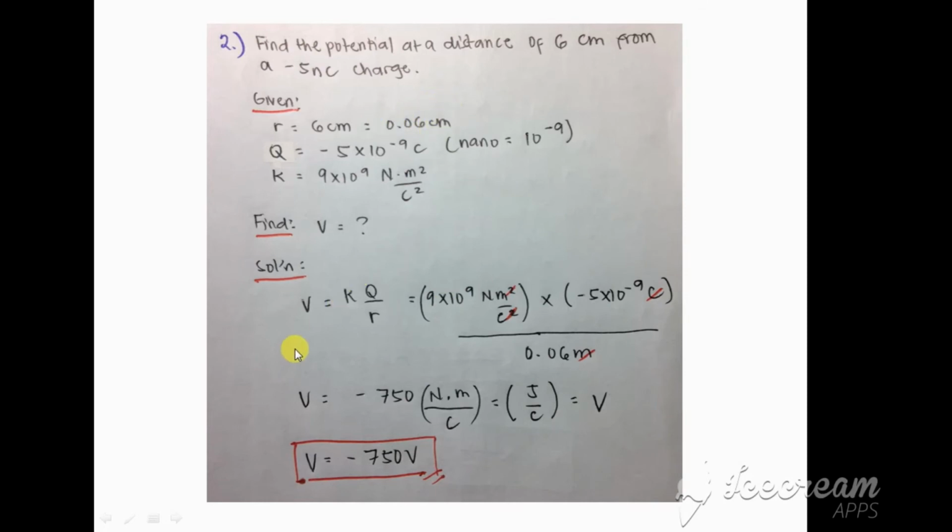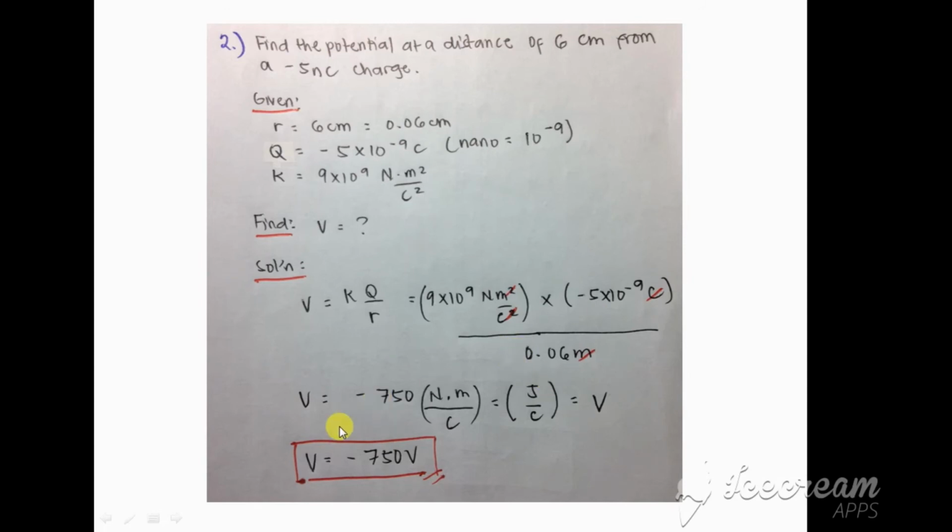Now, we are asked to find the electric potential. Using the formula, let's compute Coulomb's constant times the charge, which is negative 5 times 10 raised to negative 9 coulomb, over 0.06 meter.